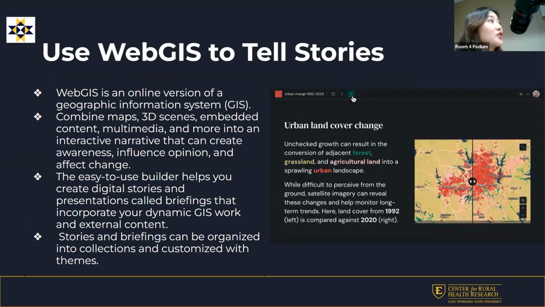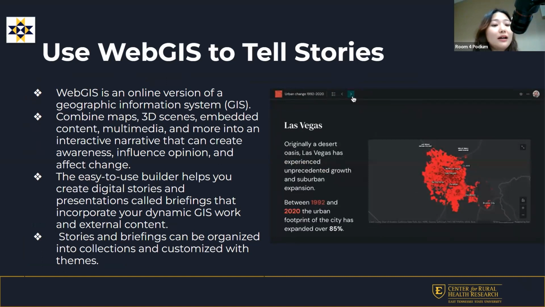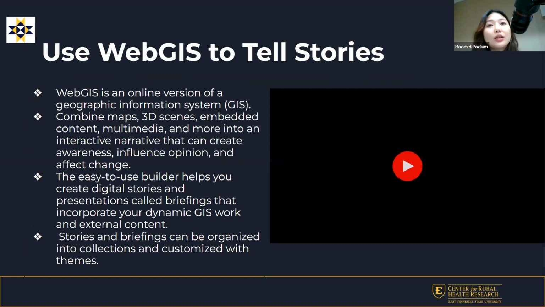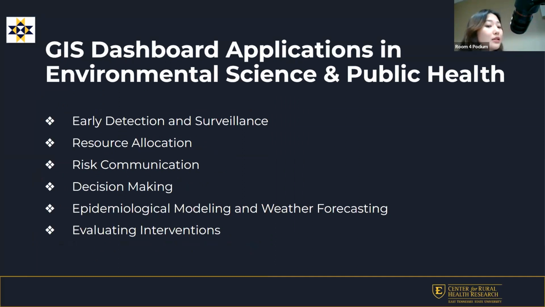It's an online version of GIS, with maps, 3D things, embedded content, GIS maps, and story maps. It's very easy to build and can create digital stories and presentations. And it could help with, I work in public health.